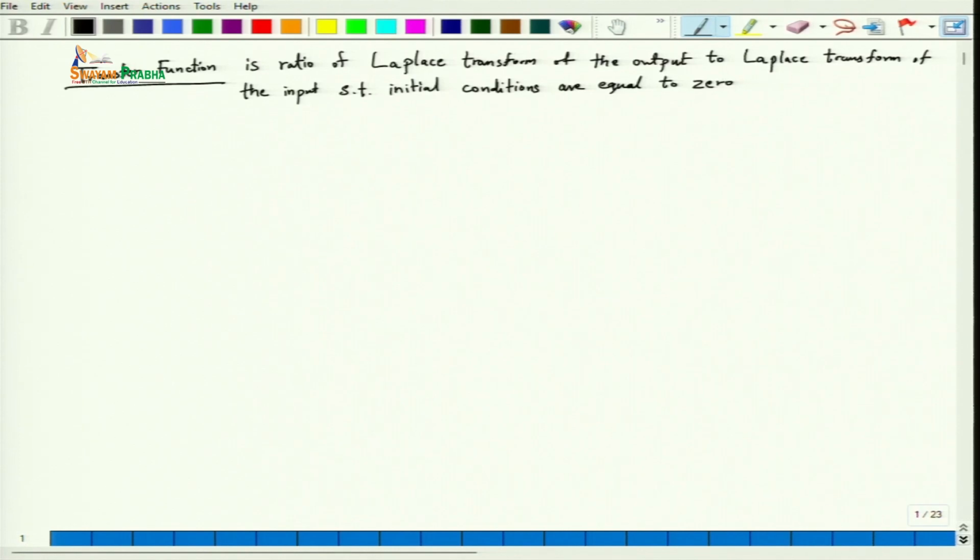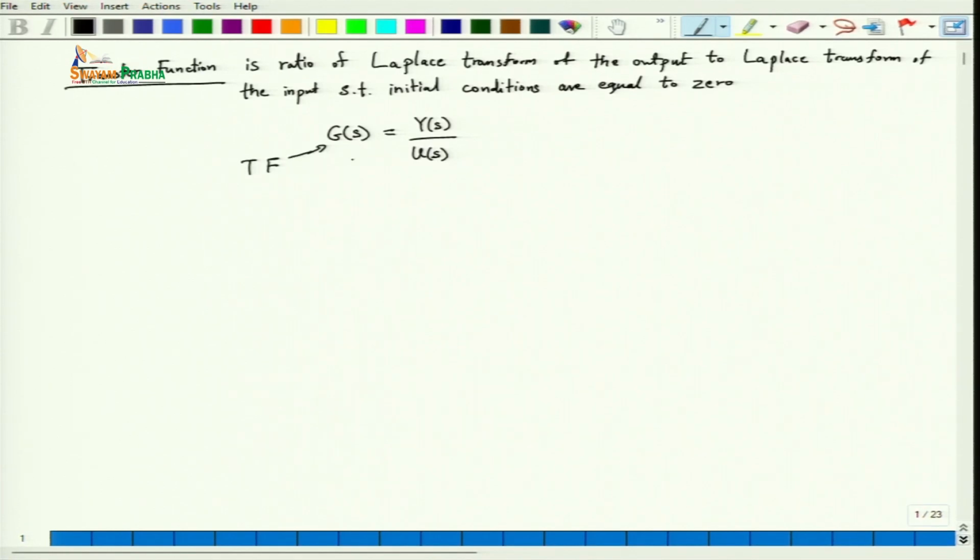So, mathematically we can represent this as transfer function G(s) as the Laplace transform of the output Y(s) divided by the Laplace transform of the input U(s). So, this is the transfer function. In short, we call it TF.